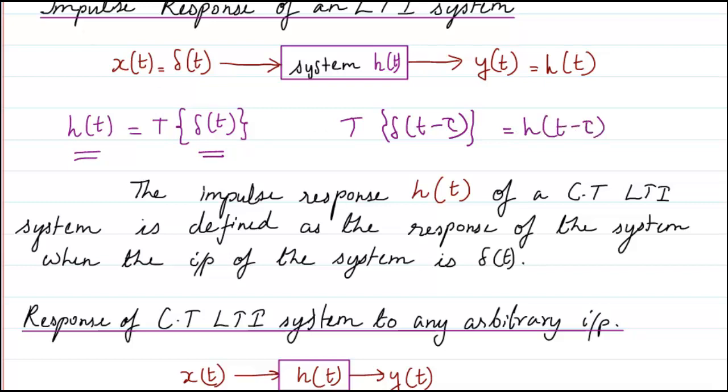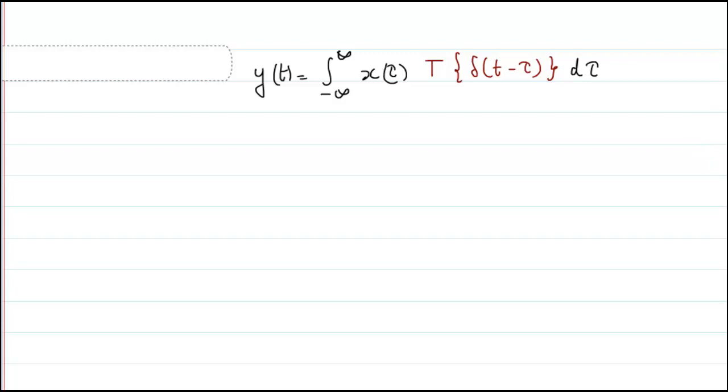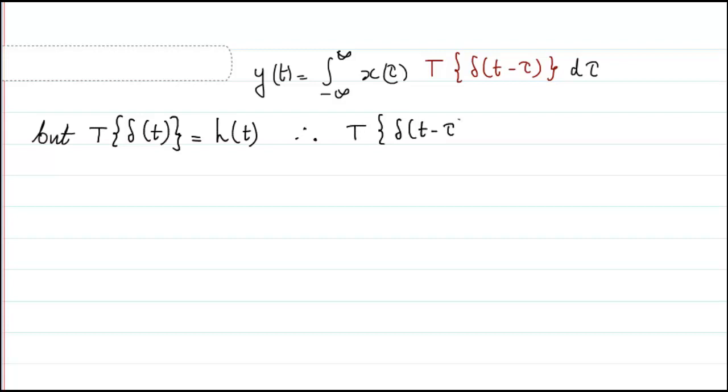The transformation of delta t is h of t, therefore the transformation of delta t minus tau should be h of t minus tau.